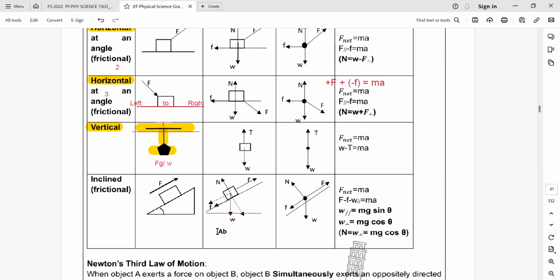This weight is weight parallel because the surface is inclined at a certain angle. So we also have weight perpendicular. Weight parallel goes with sine of the angle, and weight perpendicular goes with cosine of the angle. And don't forget that the weight perpendicular is equal to the normal force. Here we are, so those are the angles.